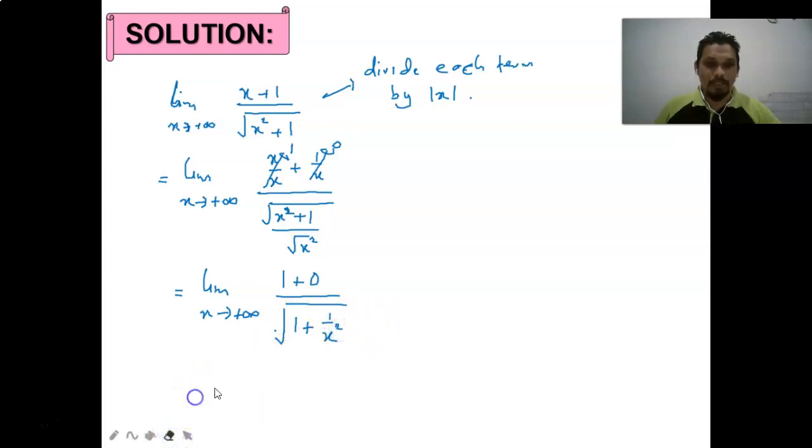As x approaches positive infinity, getting bigger and bigger, 10, 100, 1,000 and so on, 1 over big numbers equals 0, and also here approaches 0. So 1 plus 0 divided by the square root of 1 plus 0 equals 1.